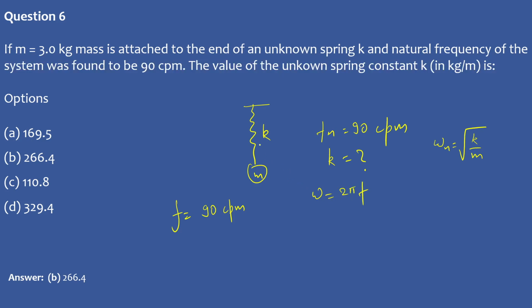So this is your mass, this is your stiffness. If I excite this system with a certain displacement, it will start vibrating with a certain amplitude, and the natural frequency with which it will vibrate, Fn, is given by 90 cycles per minute.